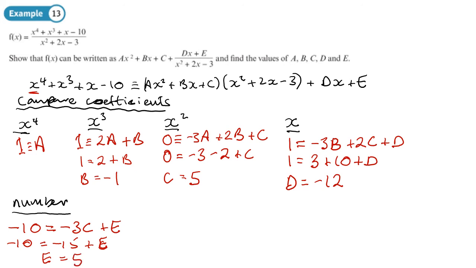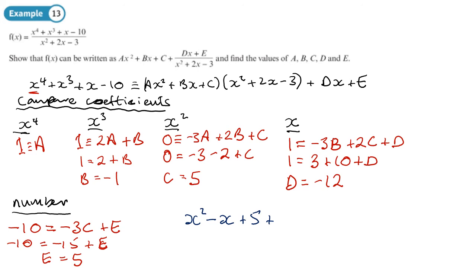Right, so my final answer can be written like this. 1 x squared, because a is 1. So x squared minus bx, b is negative 1, so minus x, plus c is 5, plus 5, plus, now what's the remainder?